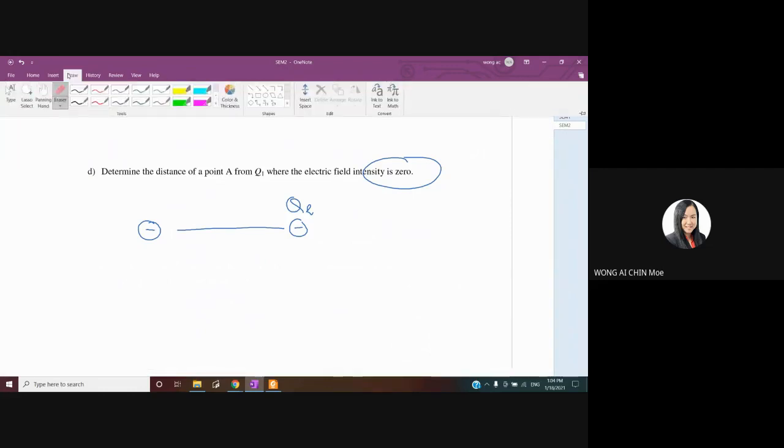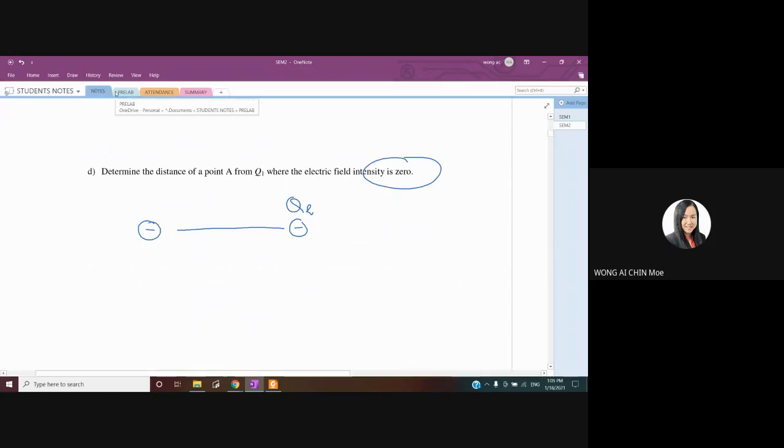Okay, so you need to find a new point where the resultant E is equal to 0.